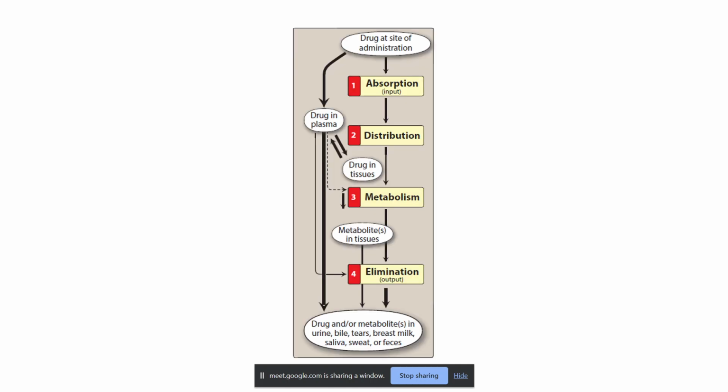The stages of pharmacokinetics are absorption, distribution, metabolism, and elimination.